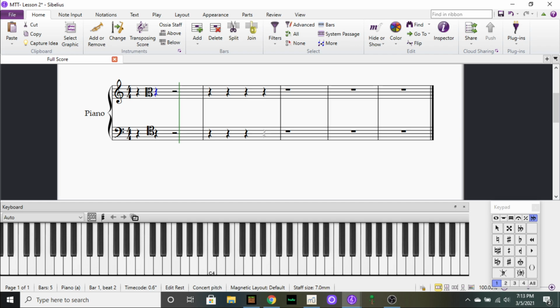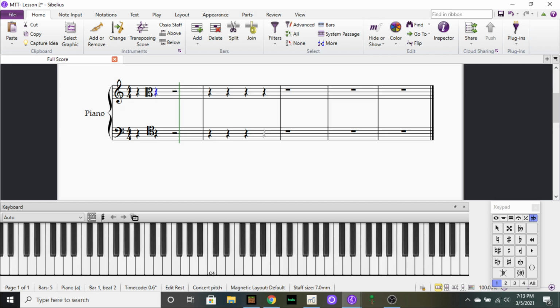Just remember the line that it starts on is C. So for tenor clef, what the bass clef F is, is the tenor clef C. And what the treble clef B is, is the alto's C. It's kind of complicated, but it's okay.